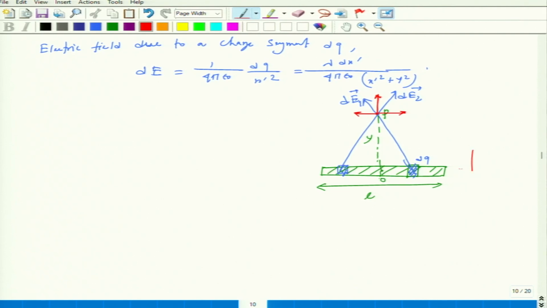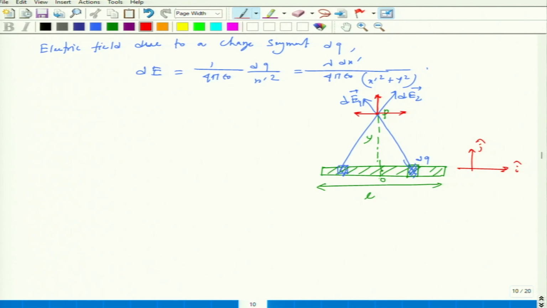So this is i cap, this one is j cap. If we split dE1 into two components, the x component and the y component, similarly for dE2, it is easy to see that the x components of the two fields cancel each other.